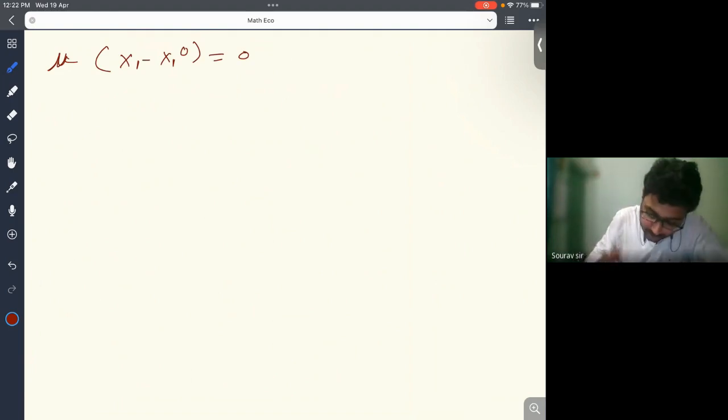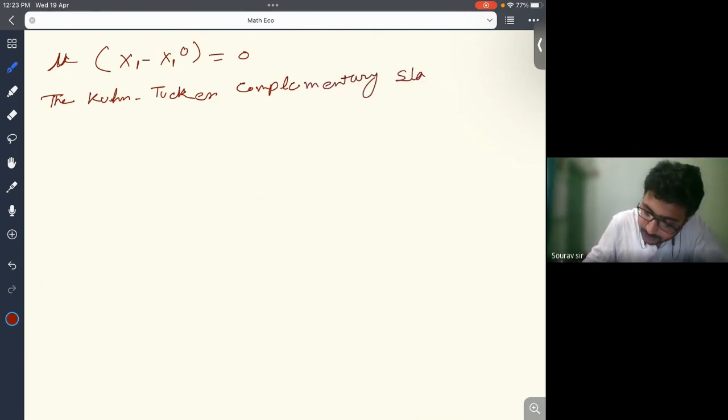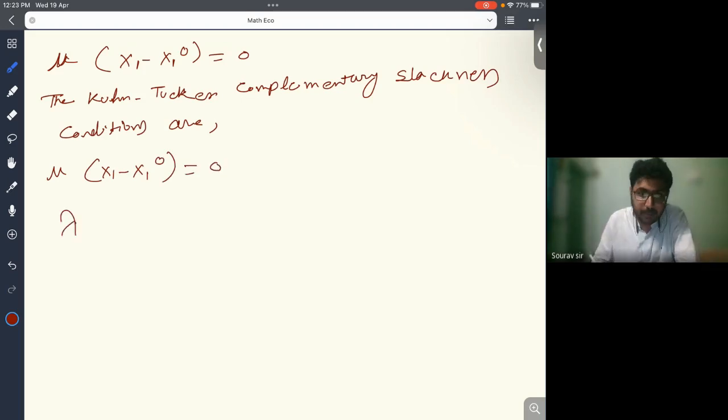So let me write the Kuhn-Tucker complementary slackness conditions: mu of x1 minus x1 to the power 0 is equal to 0, lambda is greater than or equal to 0, and mu is greater than or equal to 0.